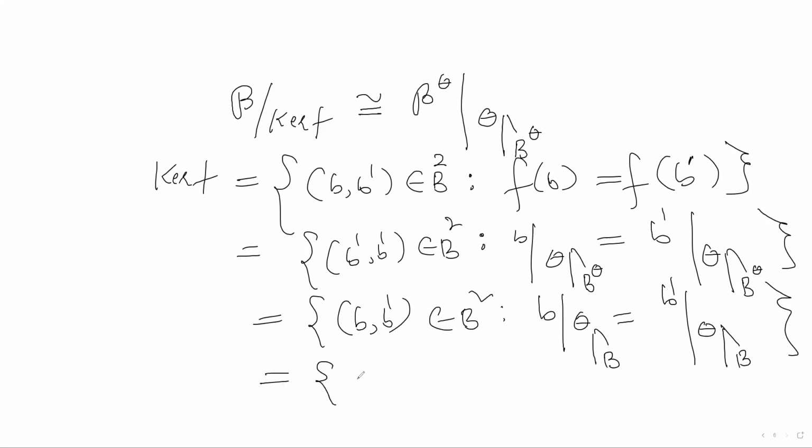So it is the set of (b, b') in B square such that b is theta restricted on B related to b'. By definition it is nothing but theta restricted on B. So my job is done.